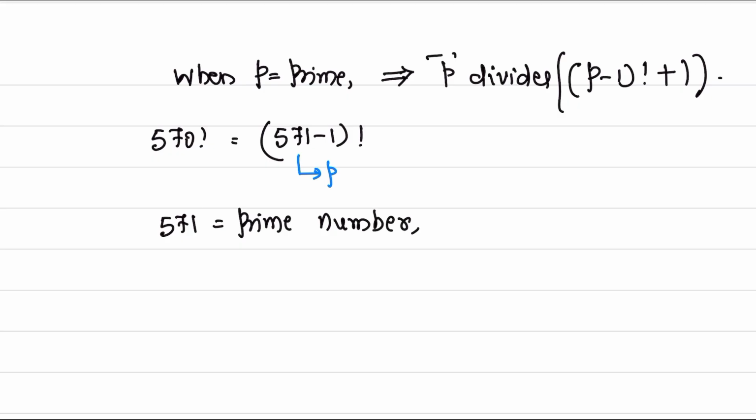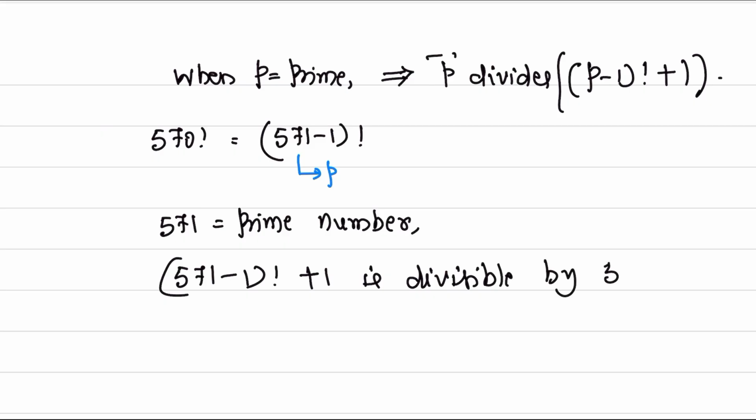Hence we can apply Wilson theorem without any problem. Hence 571 minus 1 factorial plus 1 is divisible by 571. Do you agree? It is as per Wilson theorem.